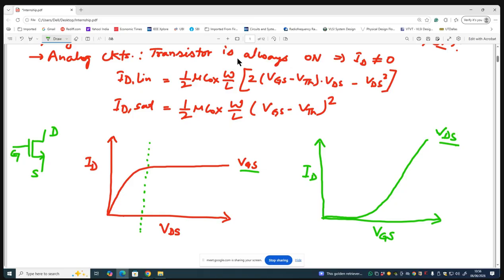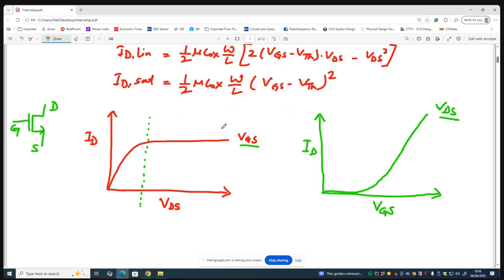We always have to deal with two current characteristics, ID versus VDS and ID versus VGS. So this characteristic is also referred to as ID-VDS, and this is referred to as ID-VGS. Do you agree with me, or should it be the other way around?